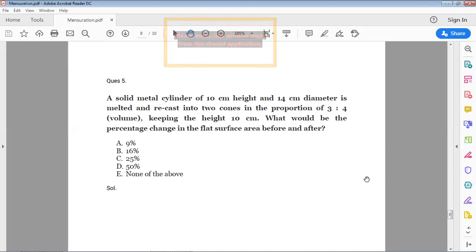So, is anyone trying this question, or should I move forward with the answer? Is anyone trying? No, it's not C. You should try again. So, there are people who are trying. Okay, I'll wait for 2 more minutes for you guys to try.